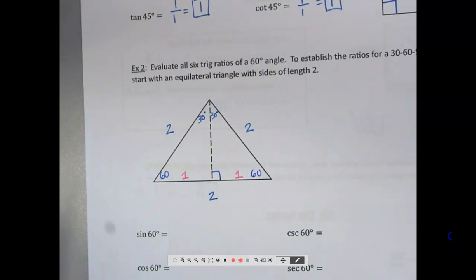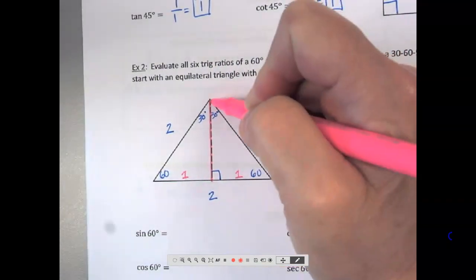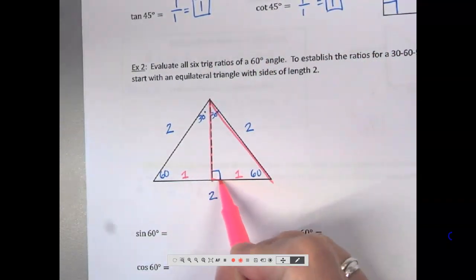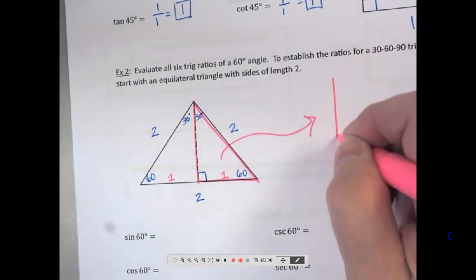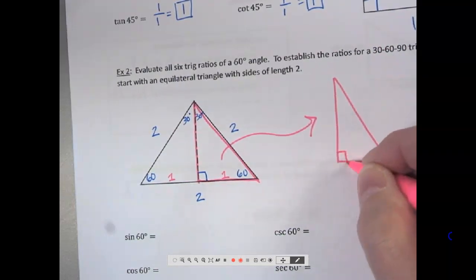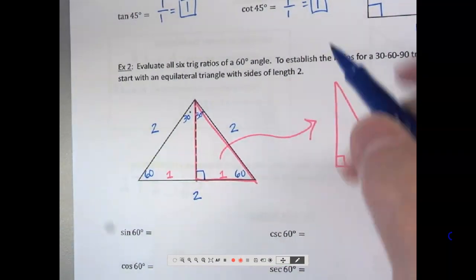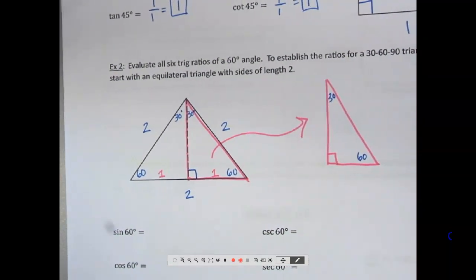Okay, so what I'm going to do is I'm going to take this triangle right here, and I'm going to bring it out. So I have 60, 30, and 90 degrees.